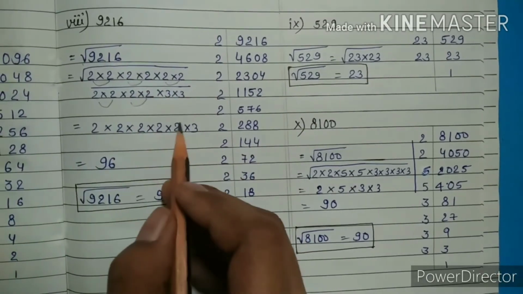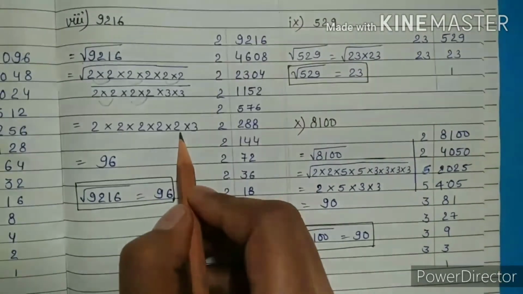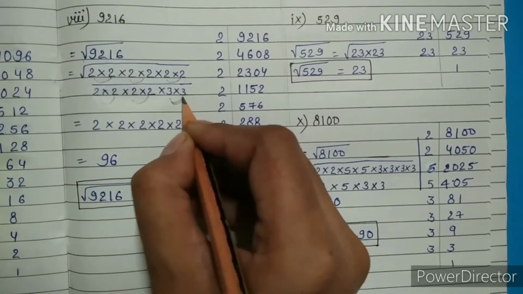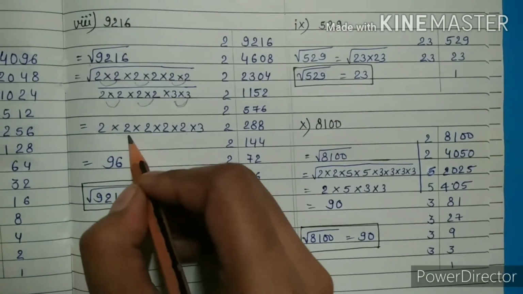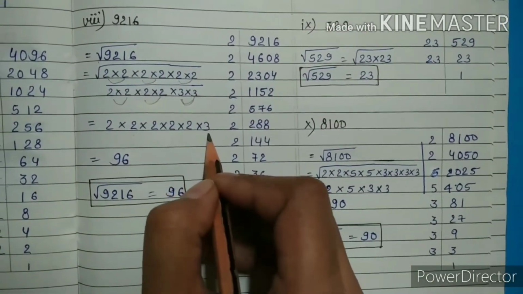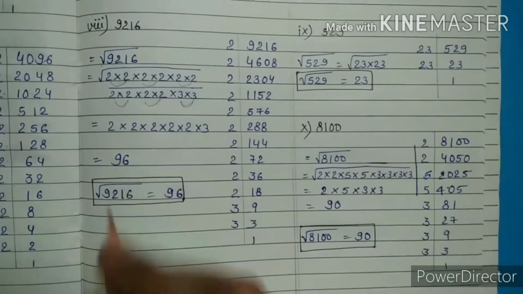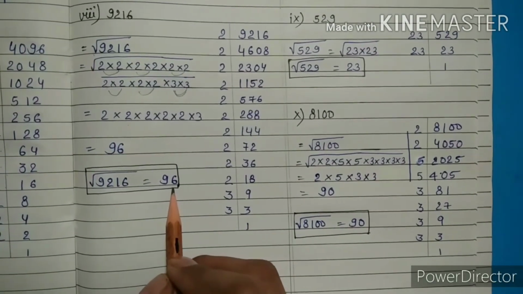So they will give 5 times 2. And the last pair is the pair of 3. So here 3 is coming. So 2 2s are 4, 4 2s are 8, 8 2s are 16, 16 2s are 32, and 32 3s are 96. It means the square root of 9216 is 96.